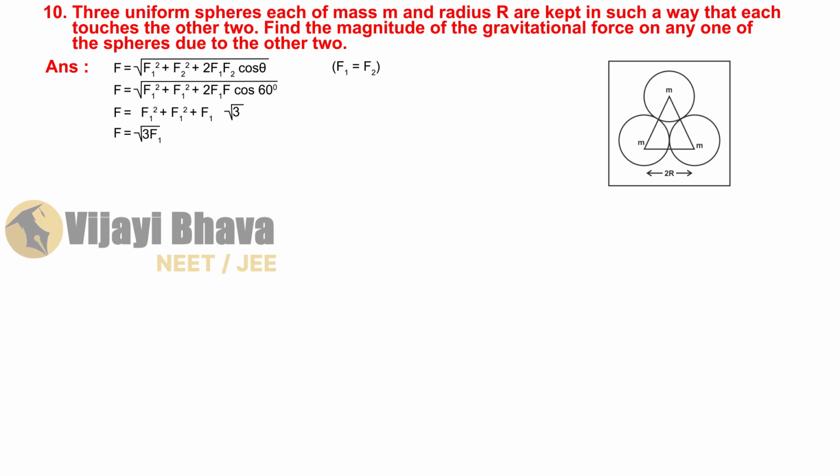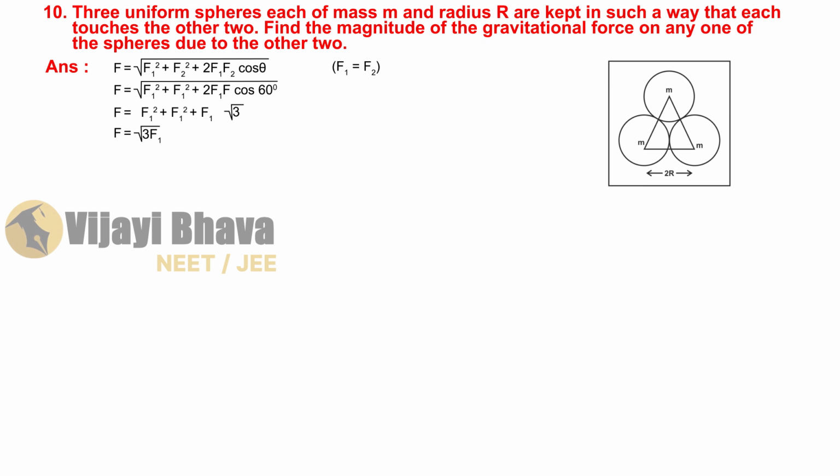But we know from Newton's universal gravitational law, the force between any two bodies can be calculated from the formula F is equal to G m1 m2 by r square. So here, since the masses are equal, m1 into m2 becomes m square, and the distance here is 2r because the radius of each uniform sphere is considered as r.